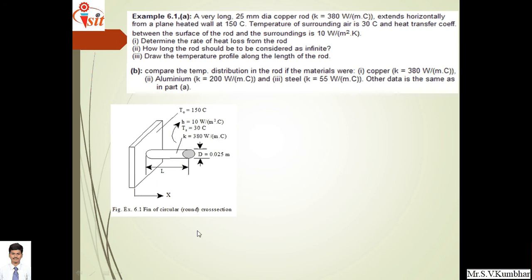So this is the diagram for the given problem. As it is a circular rod, its diameter is given as 25 mm, convert it in meter, 0.025, calculate its area. Its thermal conductivity is given as 380, ambient temperature is given as 30, convective heat transfer coefficient h is 10 watt per meter square degree centigrade, its base temperature T0 is 150.